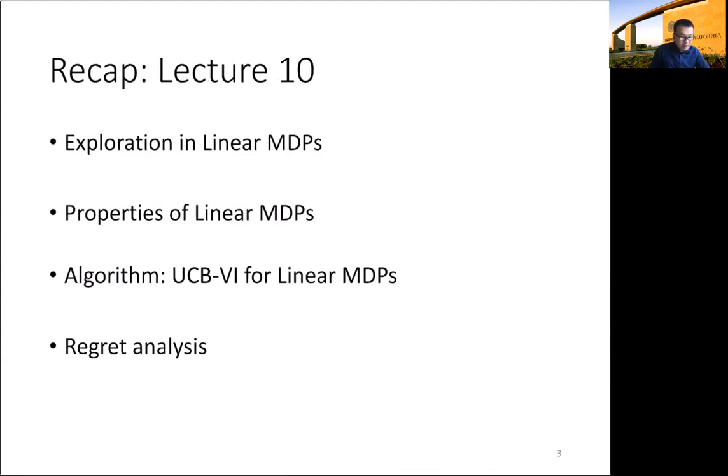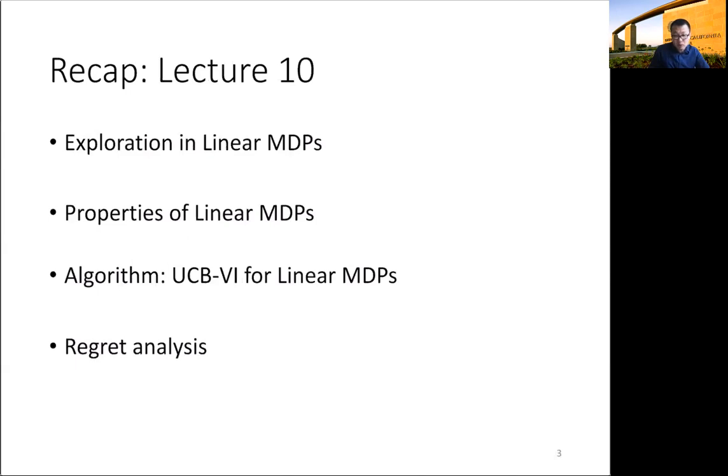After stating the algorithm and explaining the intuitions, we made an attempt to use some of the elements of the regret analysis that we have learned from the tabular UCB VI and from the linear bandits analysis, by combining them with optimism and the simulation lemma and so on.